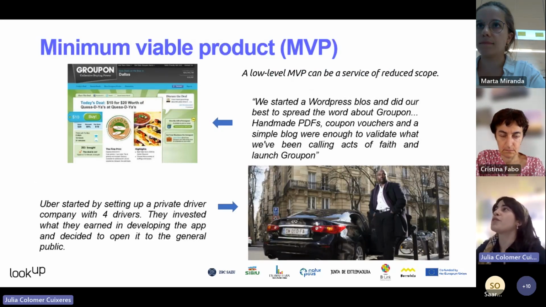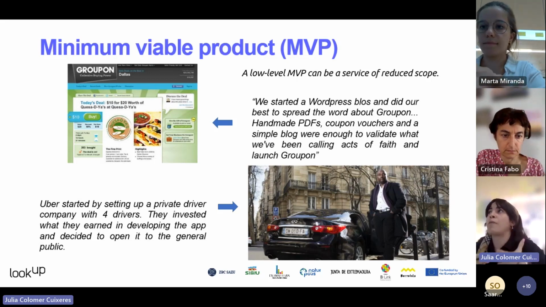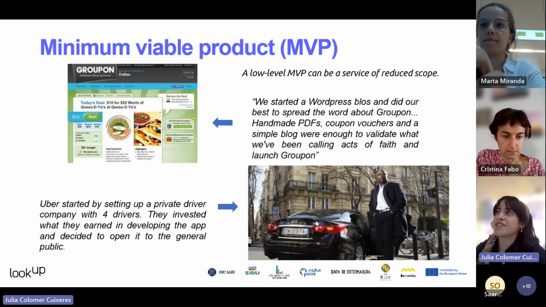Here we have two good examples of minimum viable products. Low level in the sense that they didn't cost a lot of money, because of course you can choose in the end how much money you want to spend at this level. We have Groupon. I guess everyone knows Groupon. They say, we started a WordPress blog and did our best to spread the word about Groupon.